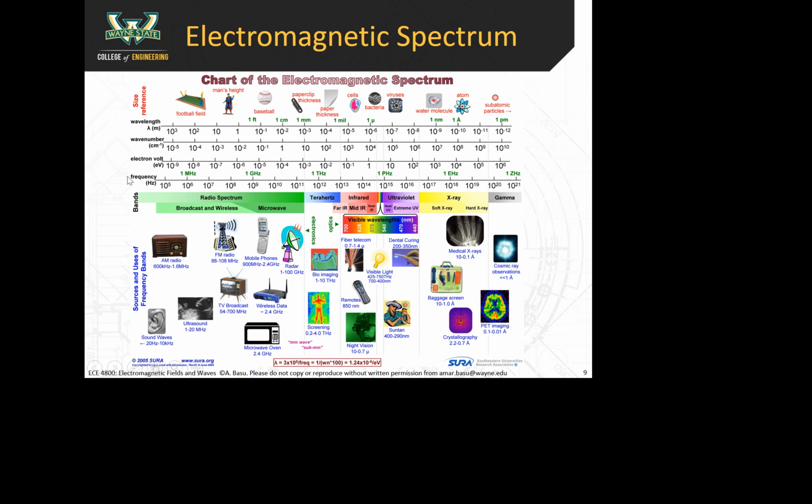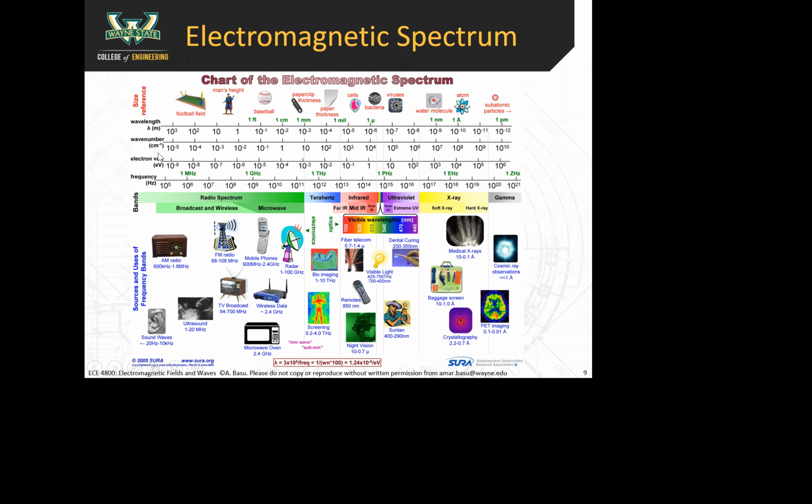If you look at this chart of the electromagnetic spectrum, you will see the very high frequency electromagnetic waves on this side of the chart, and the low frequency electromagnetic radiation on this side of the chart. You can see that electromagnetic waves are used for so many different things. There are so many different types of electromagnetic energy, and it's all determined by the wavelength and the frequency of that electromagnetic radiation.